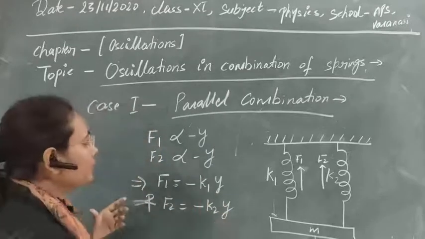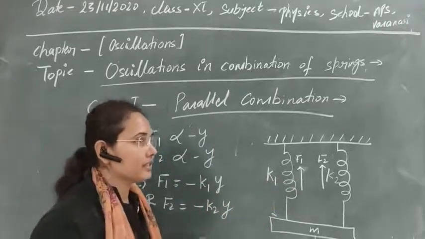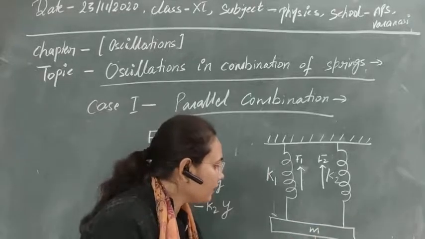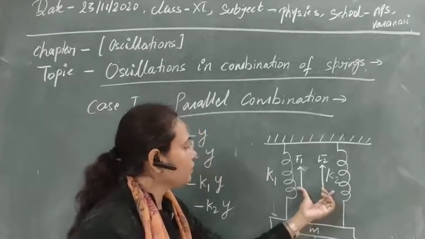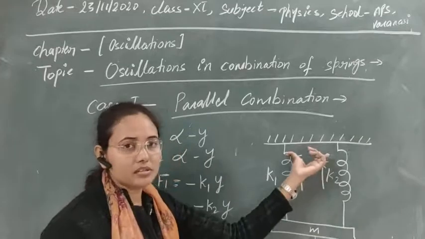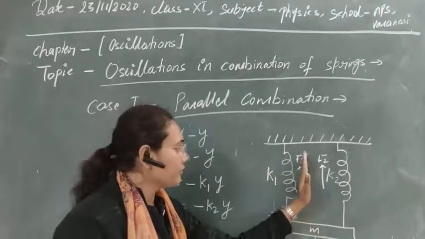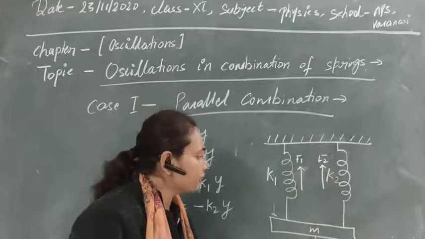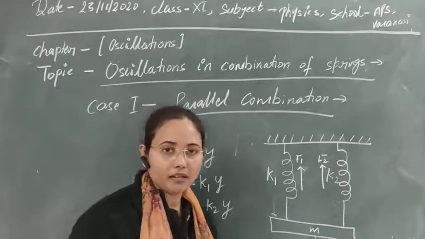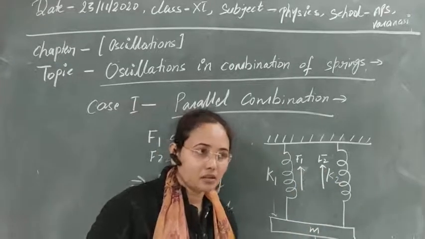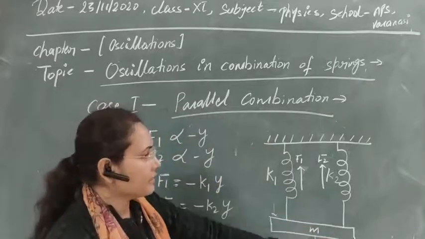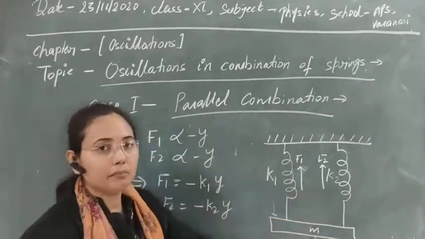So what will be the total restoring force in this case? As you are seeing, in opposition to this weight two restoring forces are produced. They will simply be summed, because these two are balancing this single weight that is acting here. If they are balancing it, then definitely their sum will balance it.